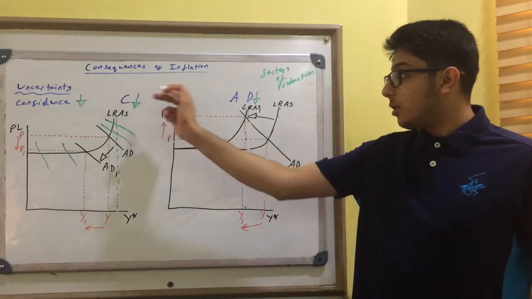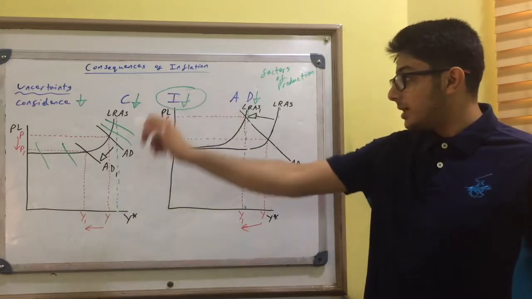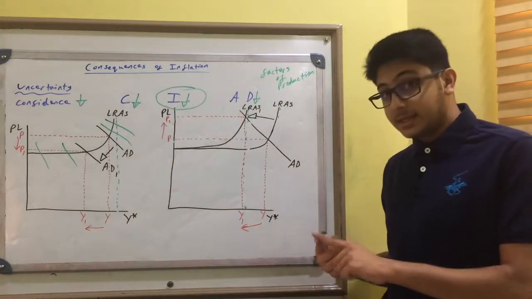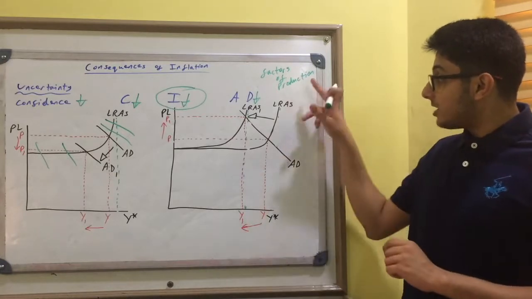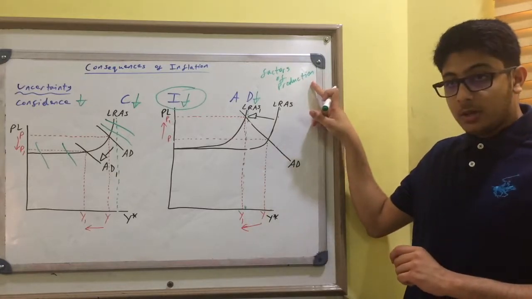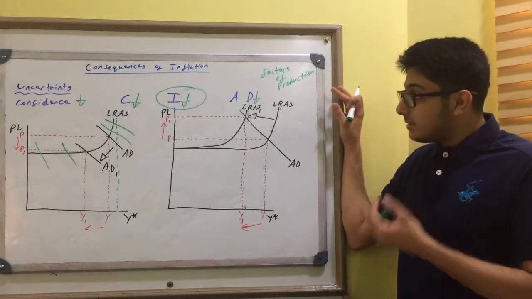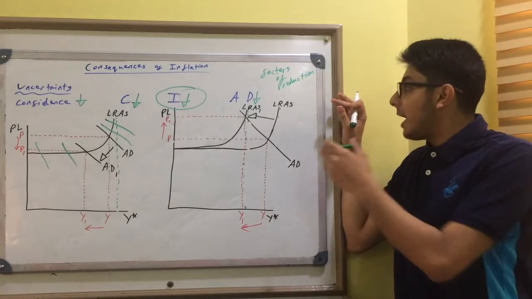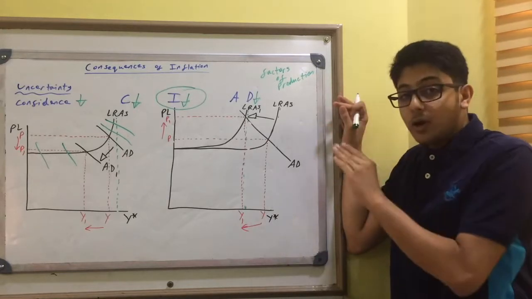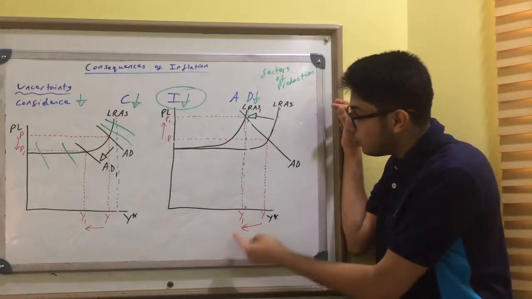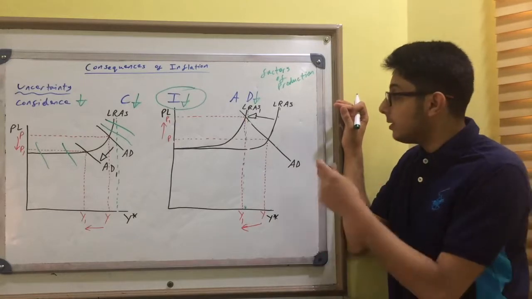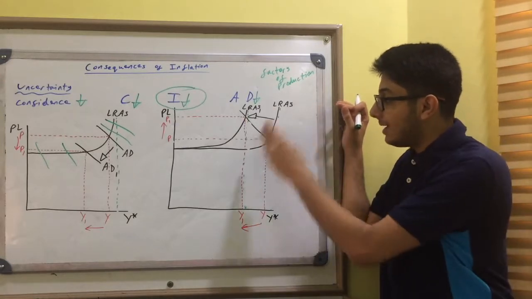If uncertainty causes investment to decrease, investment into capital, okay, capital is a factor of production. So with less investment into capital, the quantity of factors of production decreases, which causes potential output to decrease, causing long-run aggregate supply to shift to the left in this way.